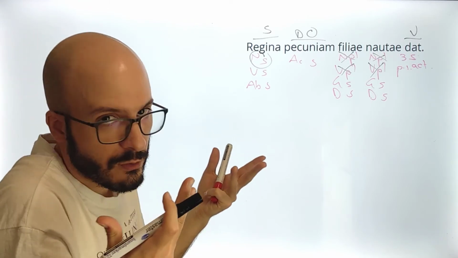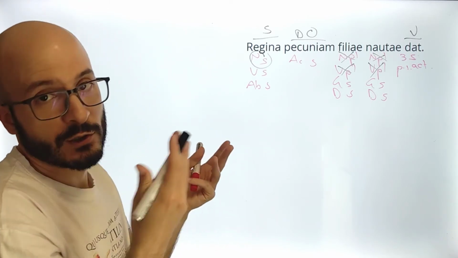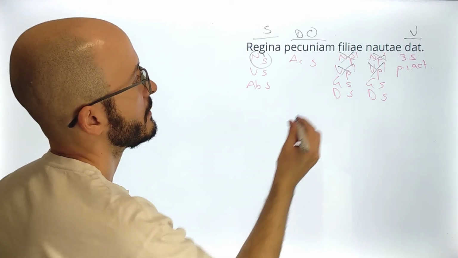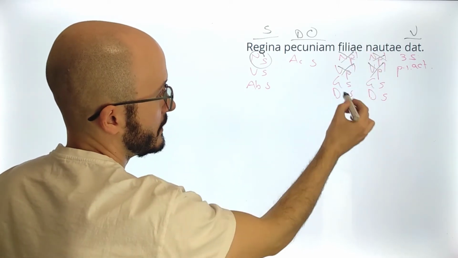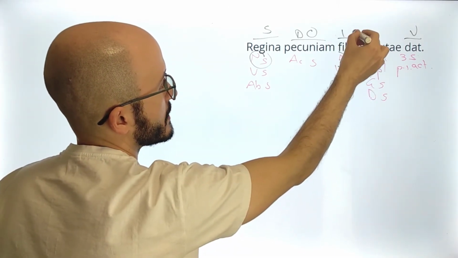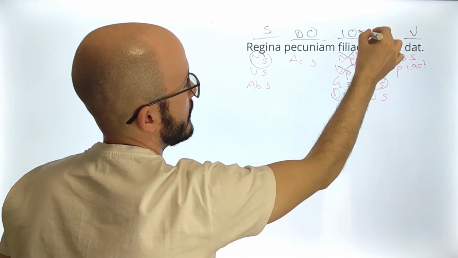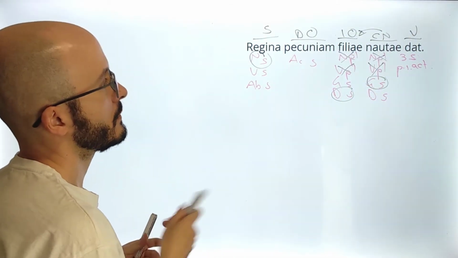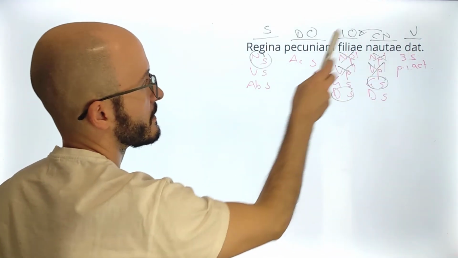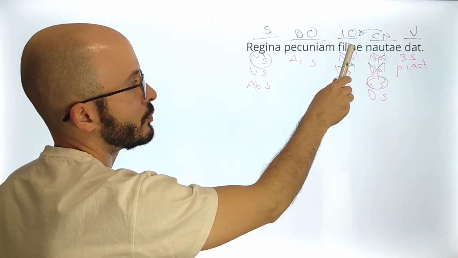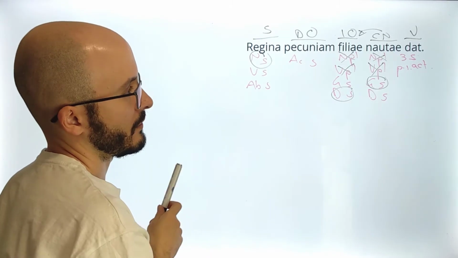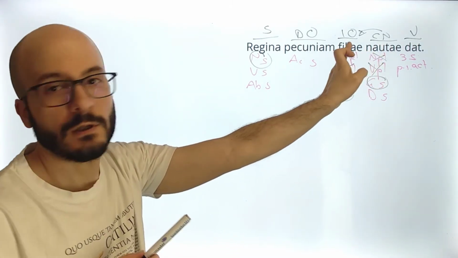It could be both, but the first option makes more sense, no? So, to the daughter, indirect object, of the sailor, complement of this noun. So, the queen gives money to the daughter of the sailor, or to the sailor's daughter.